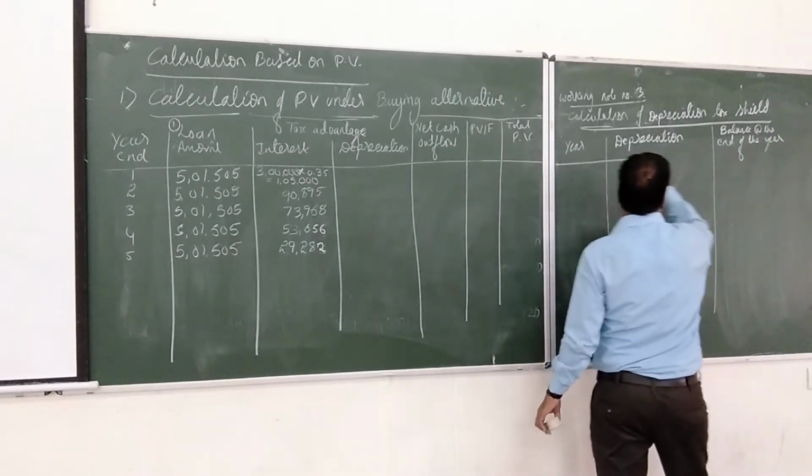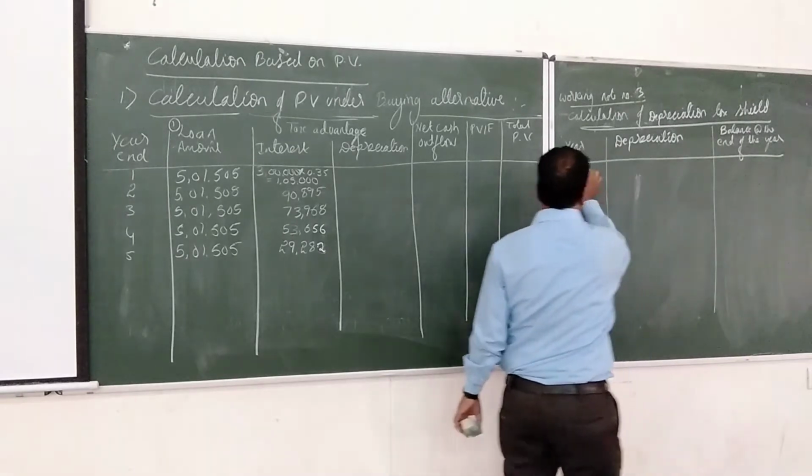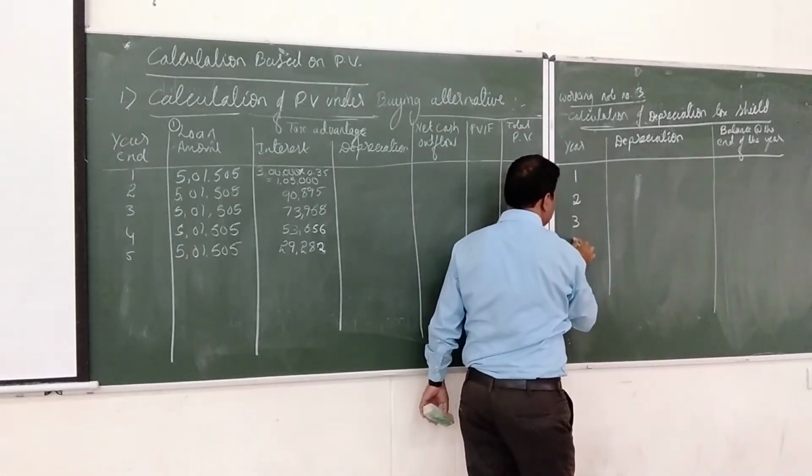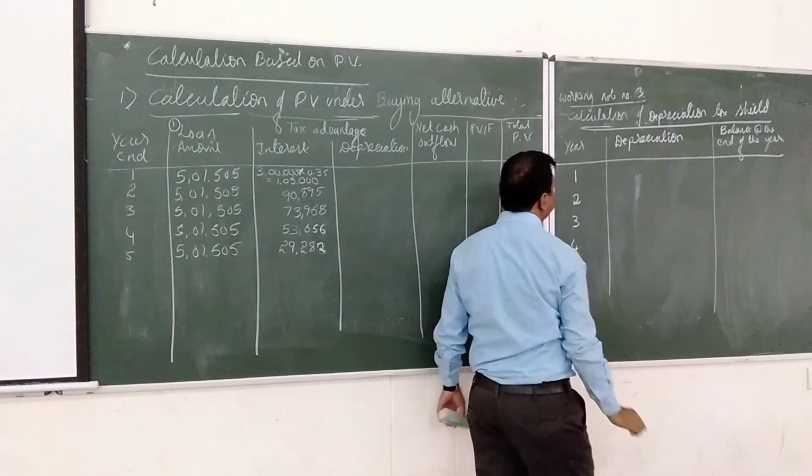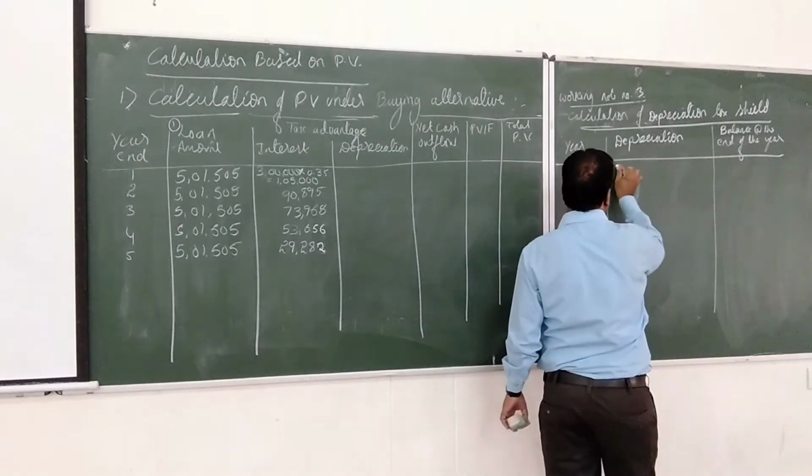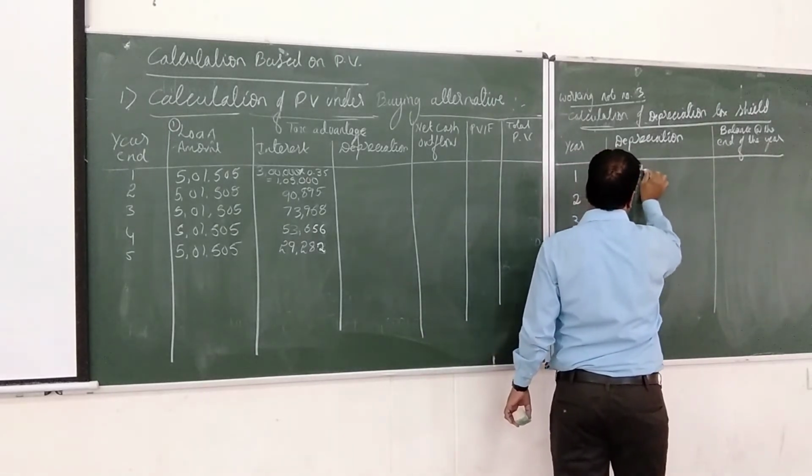How many years do we have? 5. Okay. What is the amount of depreciation? 15 lakh on the machinery value, correct?